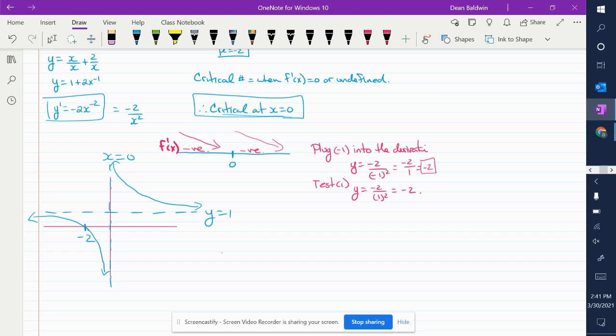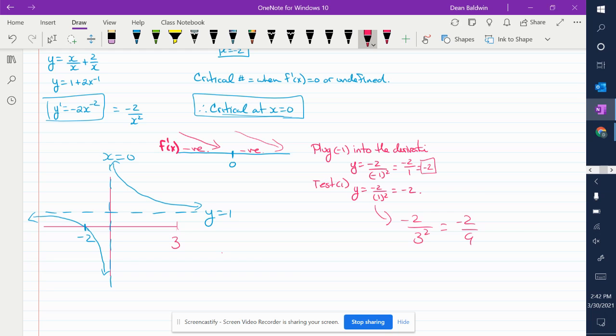So if we tested another point and we got another answer besides -2, that would also be a point. If you tested like 3 out here, it should give you a negative. If I put 3 into here, I would get -2 over 3 squared, which is -2 over 9. Still negative, right?